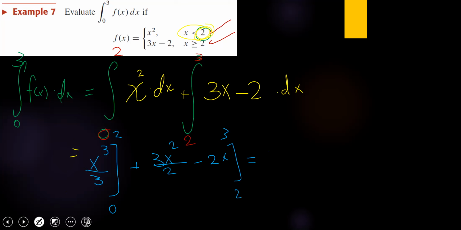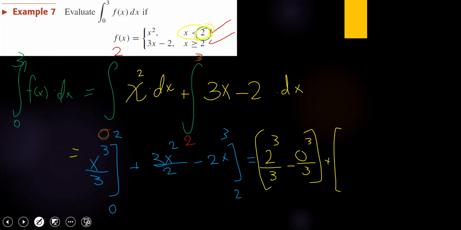We have 2 to the power 3 over 3 minus 0 to the power 3 over 3. Then plus 3 times 3 squared over 2 minus 2 times 3. This is for F3.